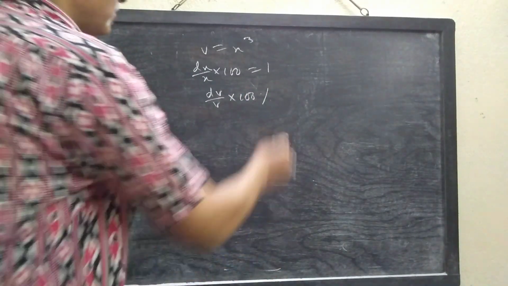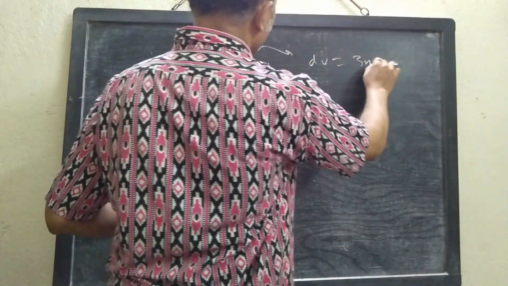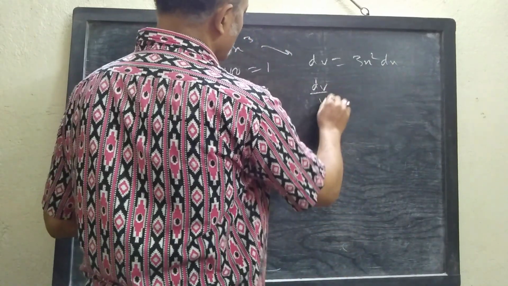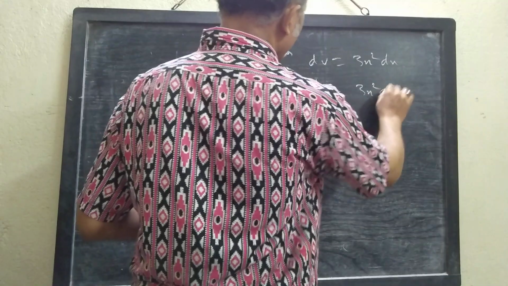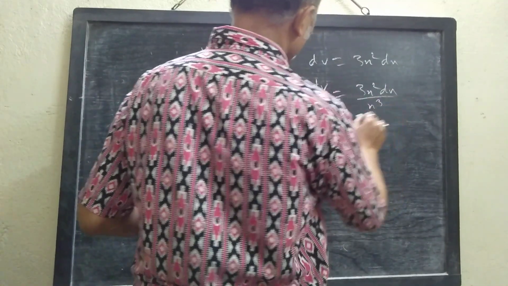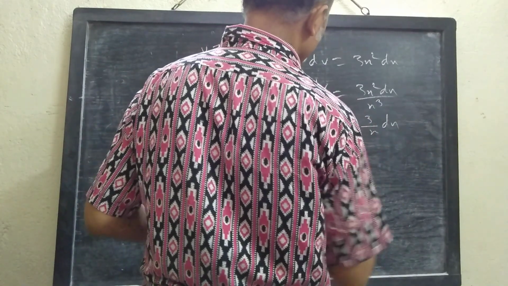Now, taking differential, you get dV equals 3x square dx. So your dV by V will be 3x square dx by V, and V is x cube. So this will be 3 by x dx.